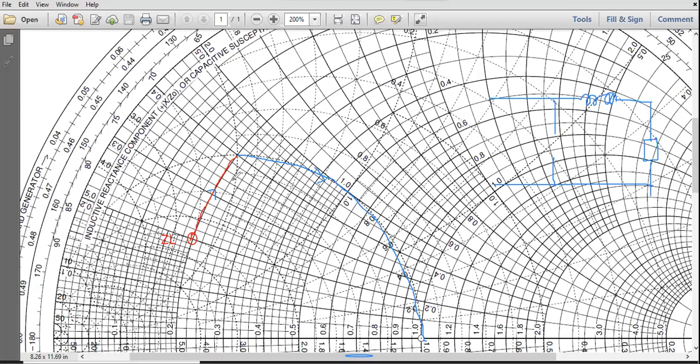And the second is Y. In Y, are we going clockwise or anti-clockwise? Clockwise. So in Y clockwise, the element will be a capacitor.